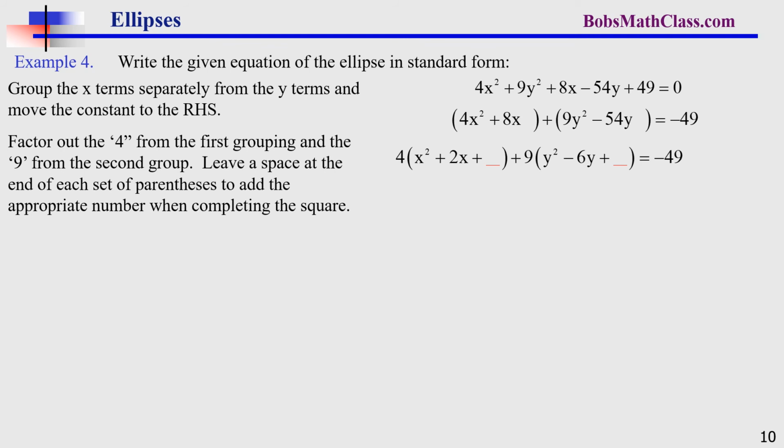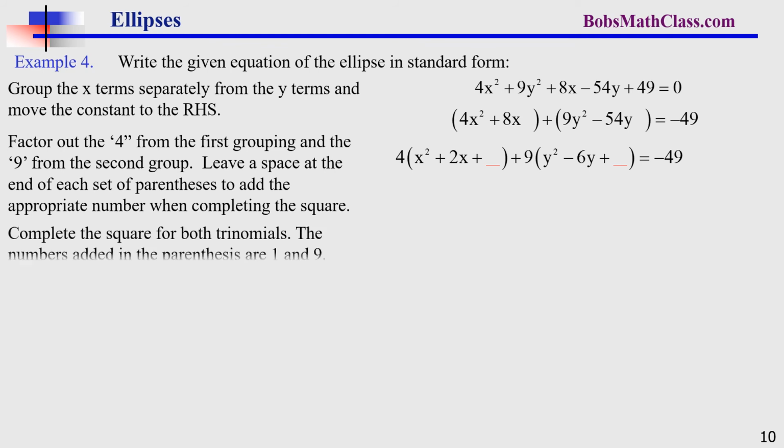Okay, now complete the square. So half of 2 is 1. Square it, you get 1. Half of negative 6 is negative 3.